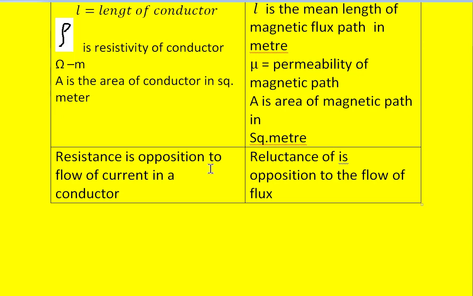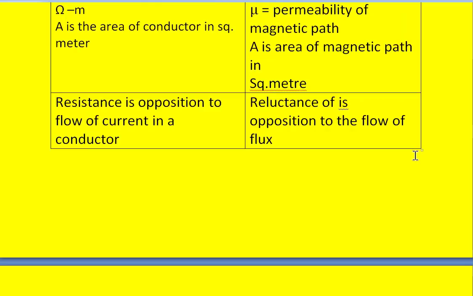In an electrical circuit, the purpose of resistance is to oppose the flow of current in the conductor, whereas in magnetic circuits, reluctance offers opposition to the flow of flux in the magnetic material.